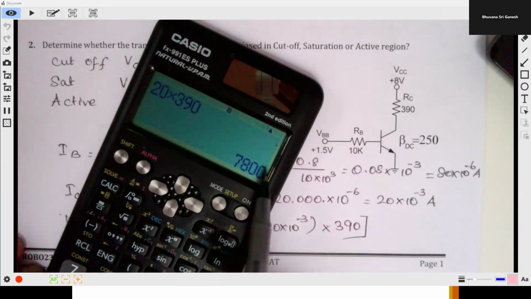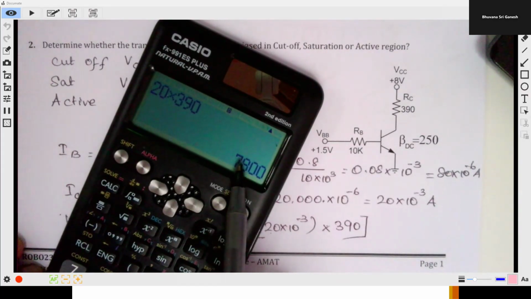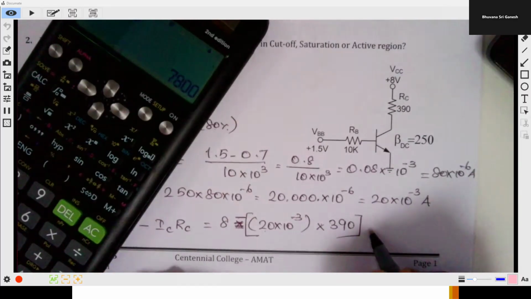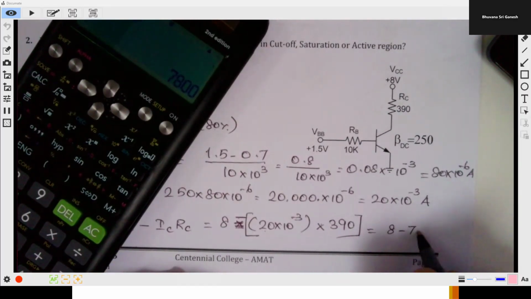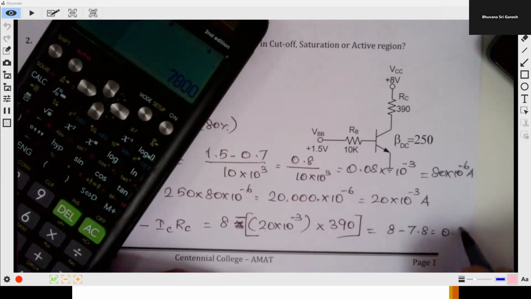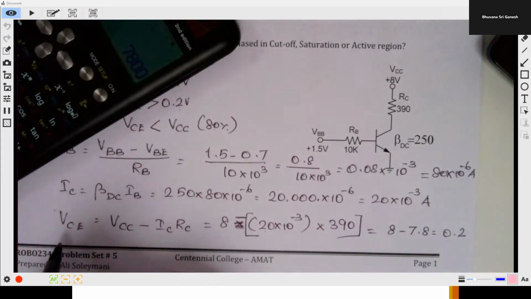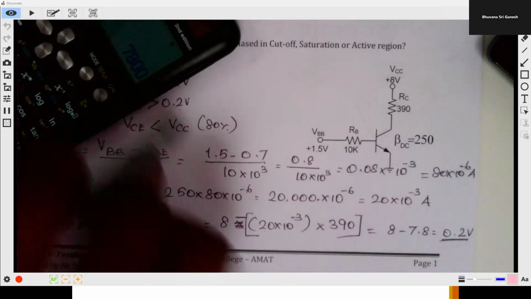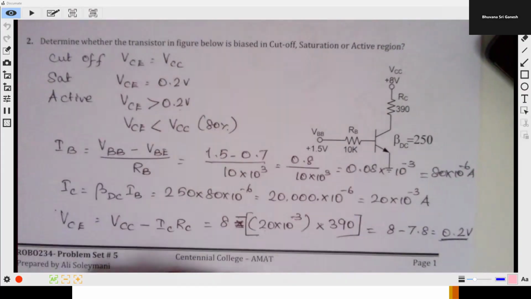So from this 1 2 3 places to the left, 7.8. So this is equal to 8 minus 7.8, which is equal to 0.2. What are we finding? VCE. So 0.2 volts. So if VCE is 0.2 volts, the transistor is in saturation, right?